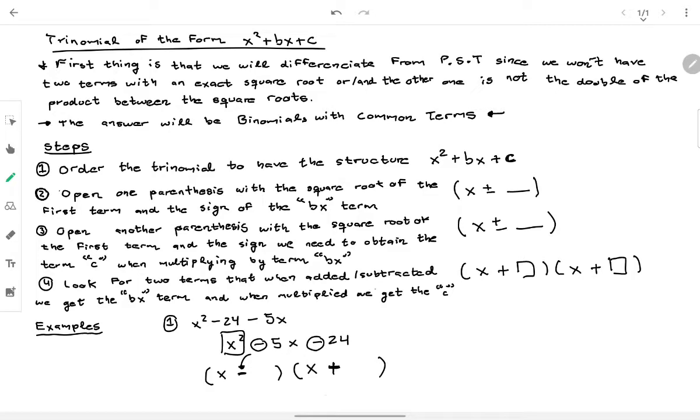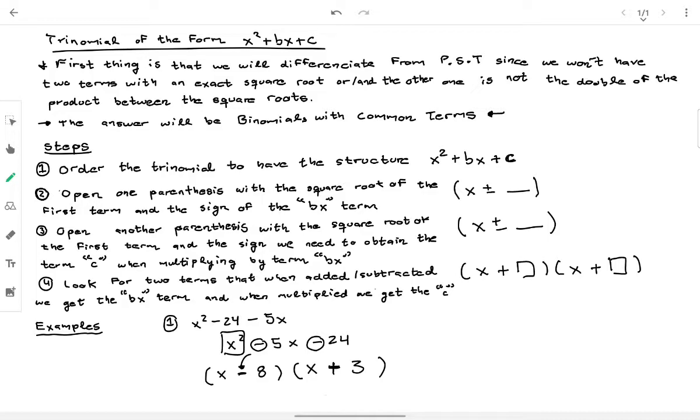So now we need to look for two terms that when they get added or subtracted, we get minus 5, and when multiplied, we get minus 24. In this case, if I use a number 8 and a number 3, if I multiply minus 8 by plus 3, we will get minus 24.